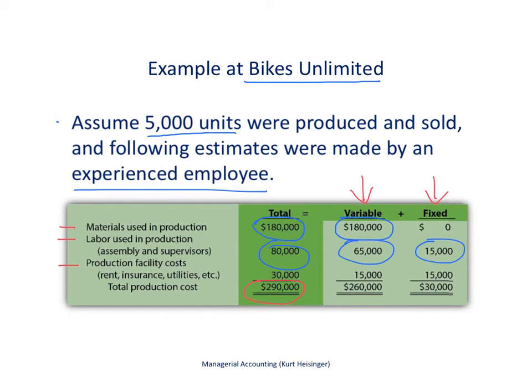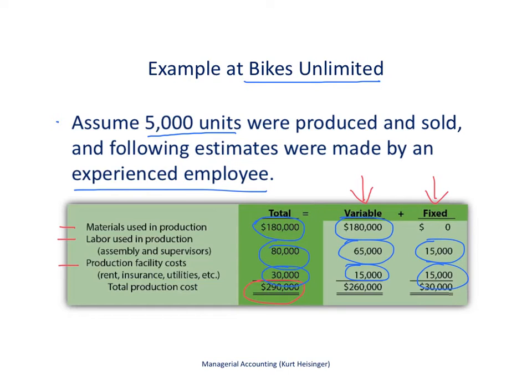Maybe it was the supervisor in the production process. And for the third line item, we had production facility costs. It looks like we had $30,000 in total. $15,000 of that was variable, and $15,000 of that happened to be fixed. So the variable component could be the utilities, and the fixed component could be, for example, the rent on the production facility.